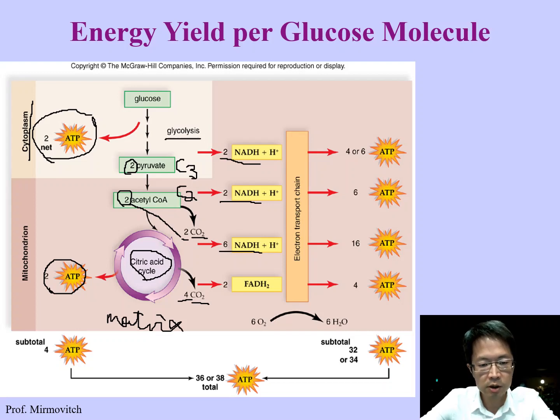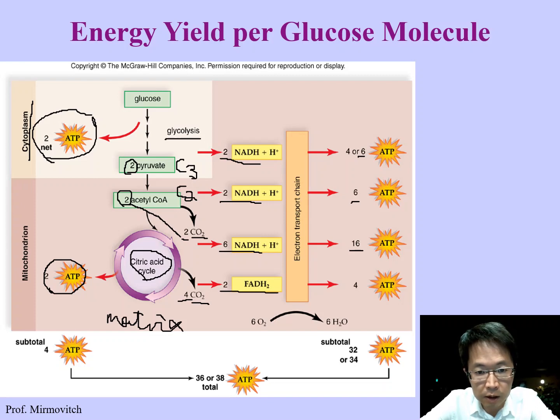For each citric acid cycle, we make 1 FADH2, so with 2 cycles we have 2 FADH2 made. And then remember, we said each NADH will make 3 ATP.